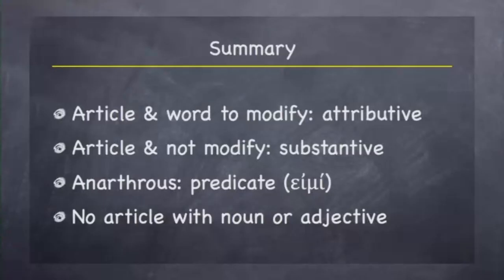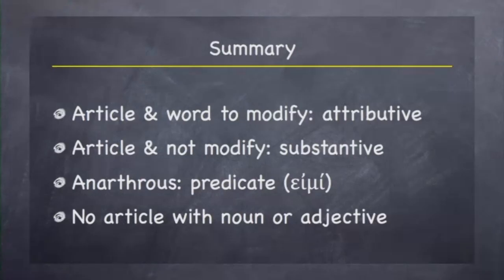And in the case of an attributive, case, number and gender is determined by the noun that it modifies. If you have an articular adjective but no noun to modify, then that adjective is functioning substantively. Case is determined by function, gender and number determined by what it's referring to.